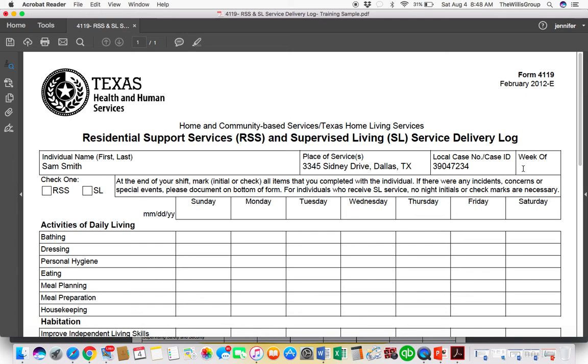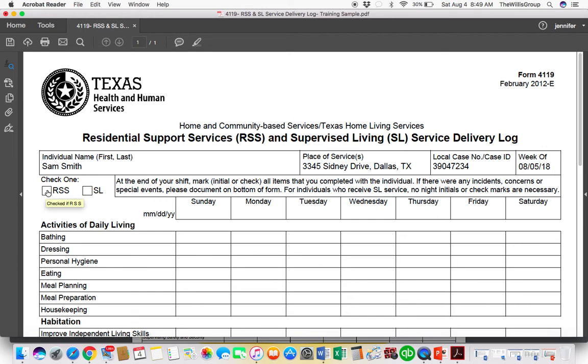Then you're going to enter the week of, meaning the week that the service started. We start the week on Sunday. And we're going to write out the month, the day, and the year.